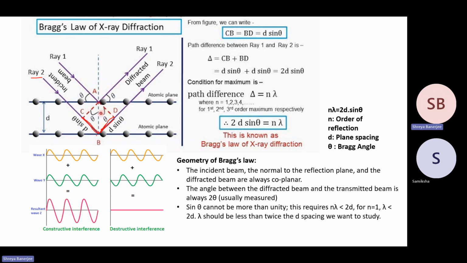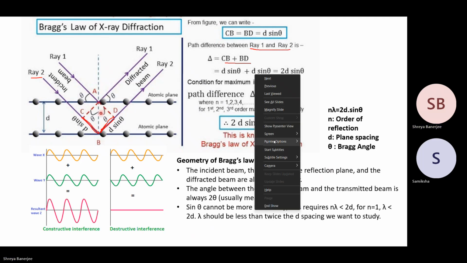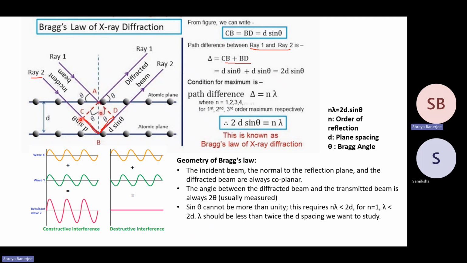And the measure of this is CB plus BD. So CB plus BD, that is this line segment plus this line segment, is the path difference between ray 1 and ray 2. Now, CB is equal to d sine theta.